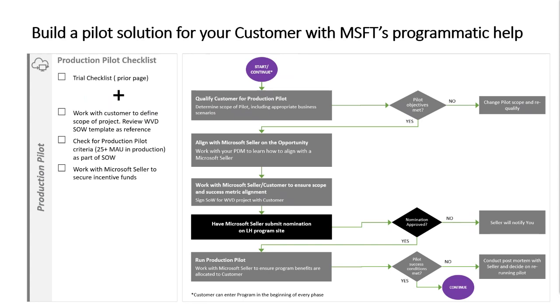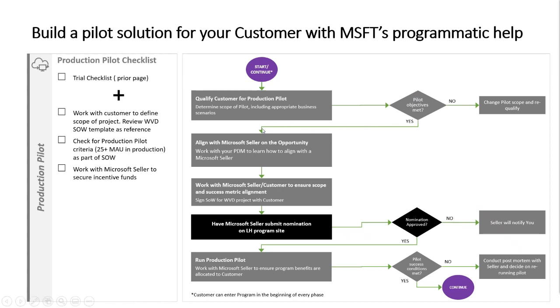The production pilot solution here is a programmatic guide to how you should approach that. When you qualify the customer for production pilot, you've already had a chat with them and you're looking for a statement of work. Are the pilot objectives met? So you figured out what they need to do. You get the statement of work signed, and you've got a clear idea of what the end state, what you sold to the customer, is.